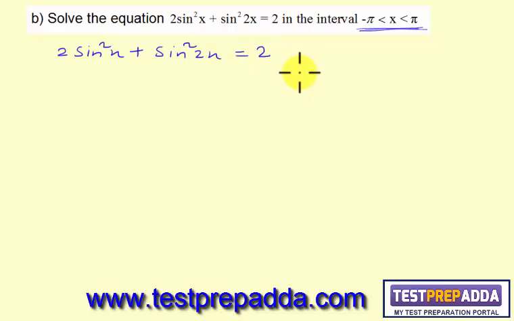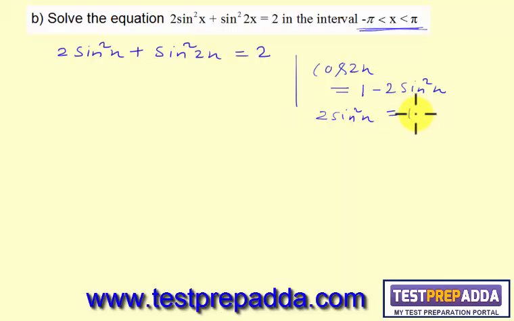Now, as you know, cos 2x can be written as 1 minus 2 sine square x. So from here I can get 2 sine square x as 1 minus cos 2x. So 1 minus cos 2x, and sine square 2x can be written as 1 minus cos square 2x.